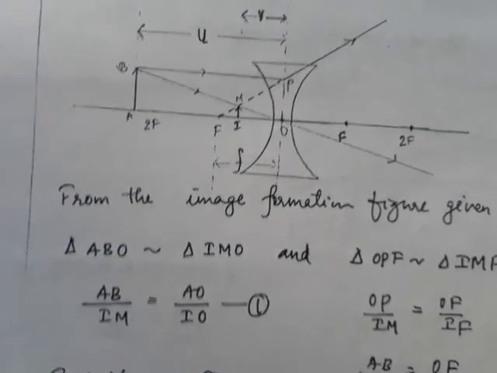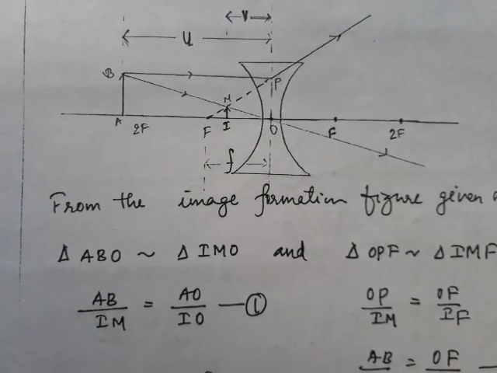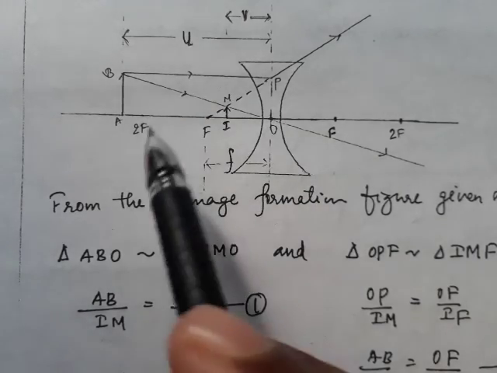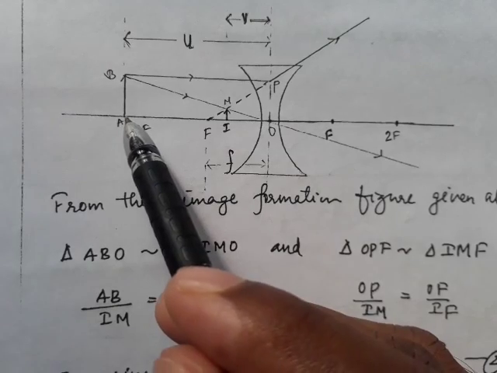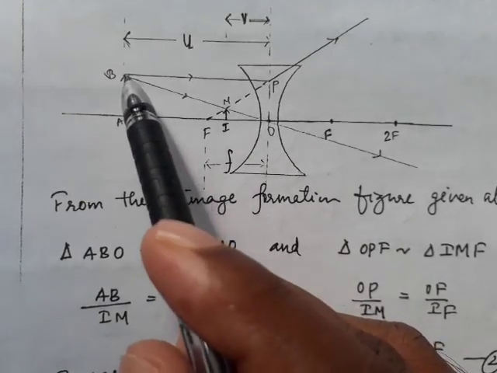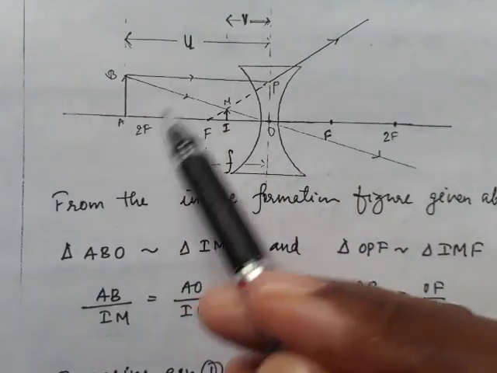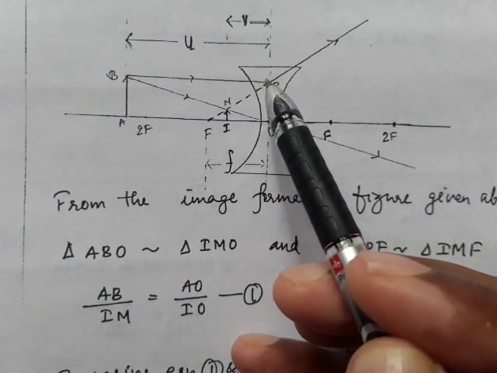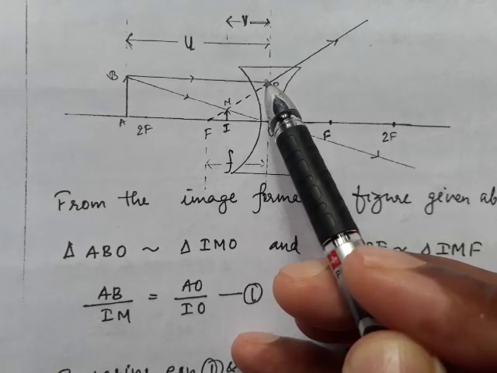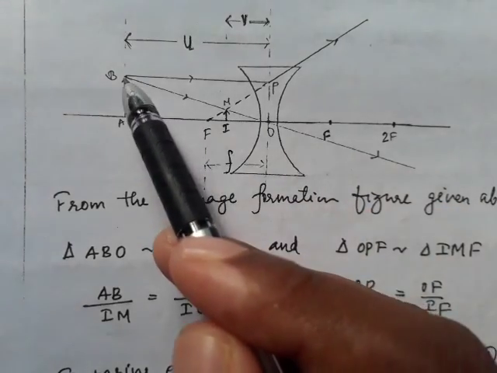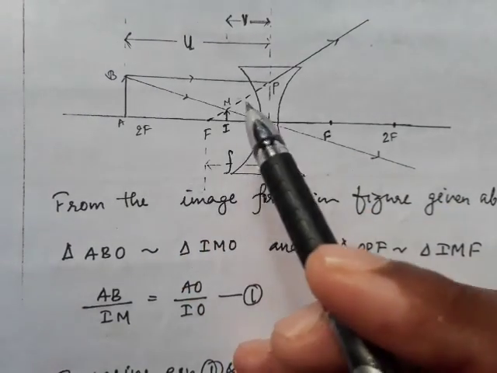The same can be calculated in terms of a concave lens. So in a concave lens, we know if we keep an object here, one light ray goes parallel, and it's a diverging lens, so it gets diverged and goes. The second light ray passes through the optical center.